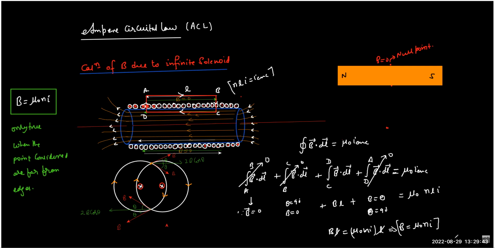Next, after the infinite solenoid concept, we can go to the next derivation that is called toroid.